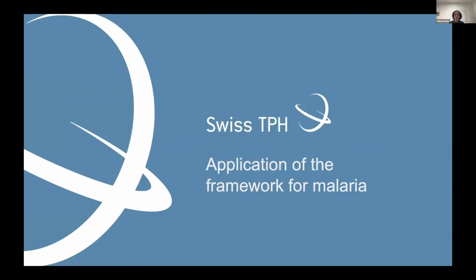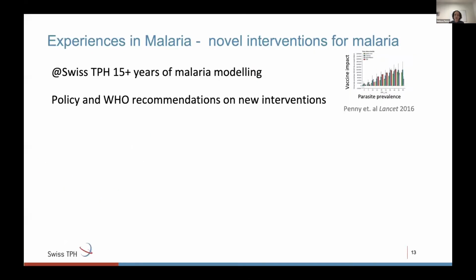So let me just quickly show you how we've applied this framework for malaria. So at Swiss TPH, we've got extensive history in infectious disease modelling, including malaria modelling, and we engage with many partners to answer questions to improve public health and to support the control and eradication of malaria. We have also engaged in providing evidence, economic and public health evidence, to support WHO recommendations of novel vaccines.